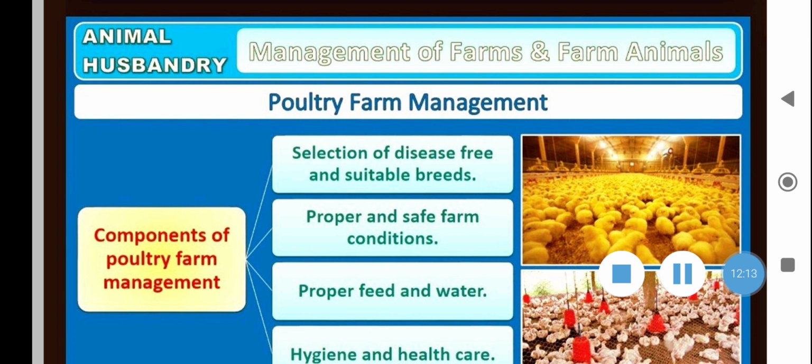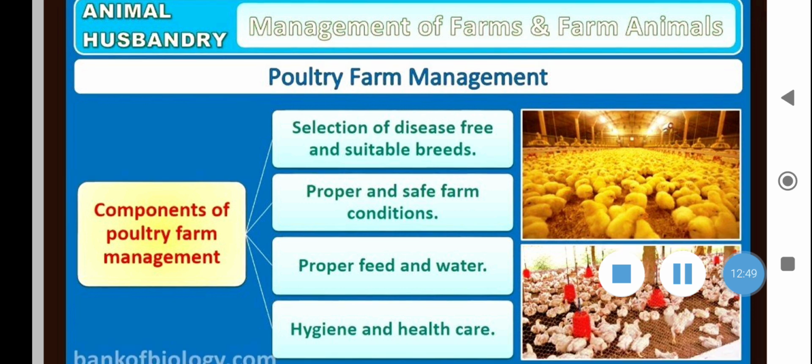Then bacterial diseases like pullorum, cholera, typhoid, tuberculosis, chronic respiratory disease, enteritis, etc. There are some fungal diseases like aspergillosis and thrush, and some parasitic diseases like lice infection, roundworm, tapeworm, etc. Coccidiosis is a protozoan disease. Diseases of poultry are given on page 255.